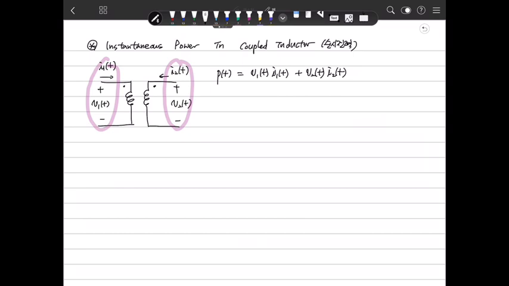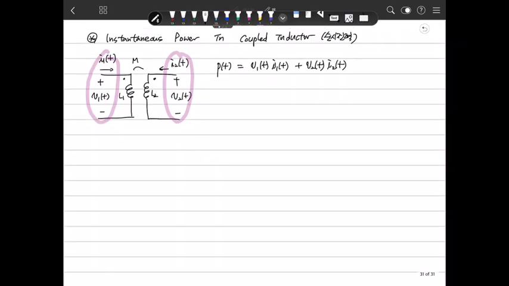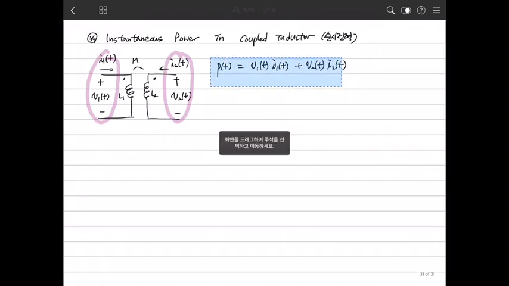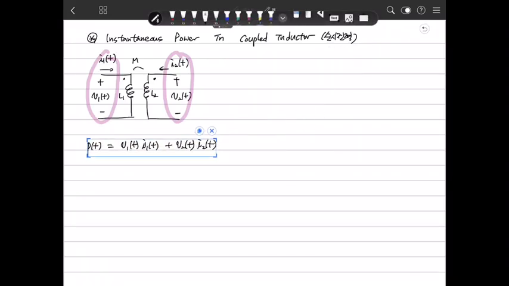If we have an example where the coupling impedance is M, and this is L1, this is L2, then from that we can calculate the power and the relationship between voltage and current.